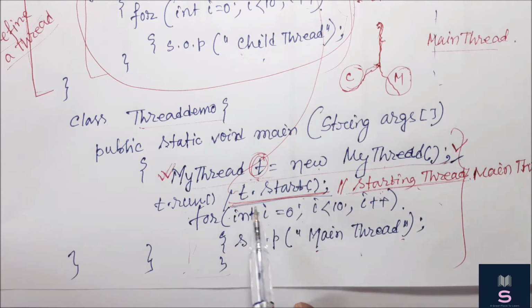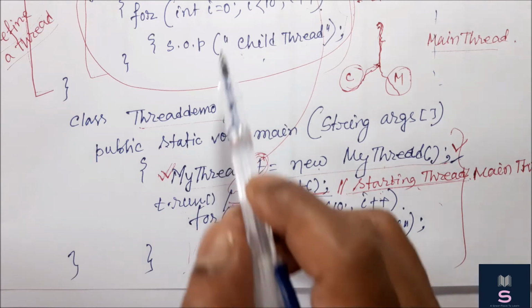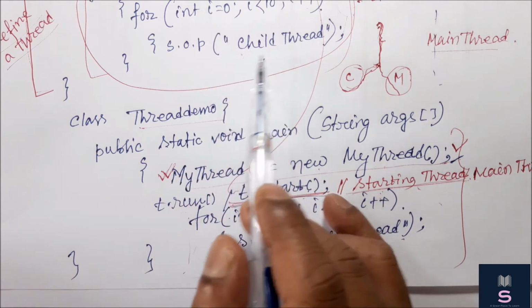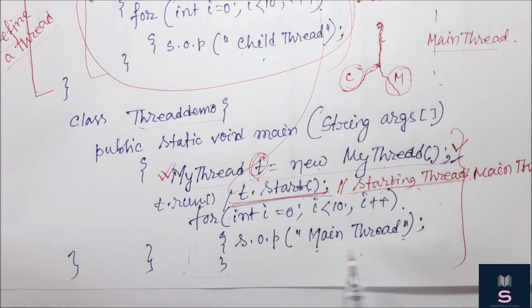But if I do not use the T dot start method, then it will simply be a method call. So, the first child thread lines are executed normally 10 times, then I will get the output from the main thread. That means no concurrent execution is happening; the methods execute separately, one by one.